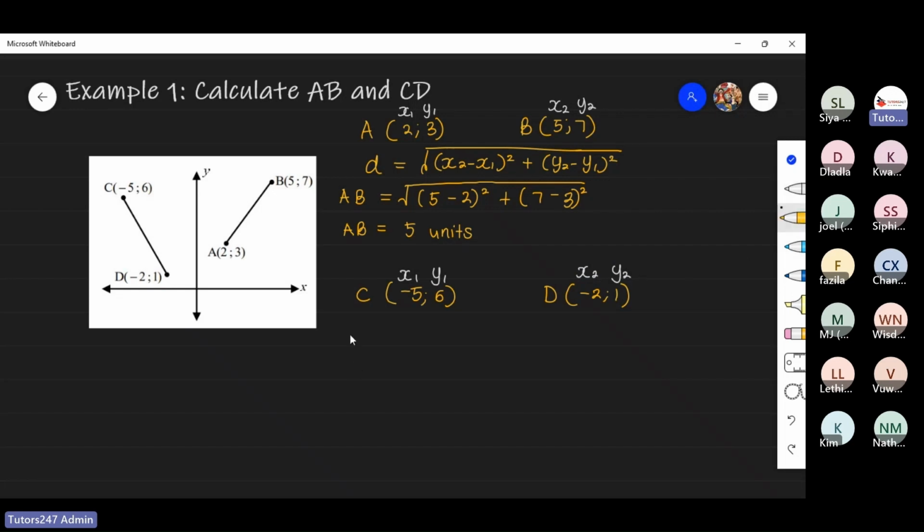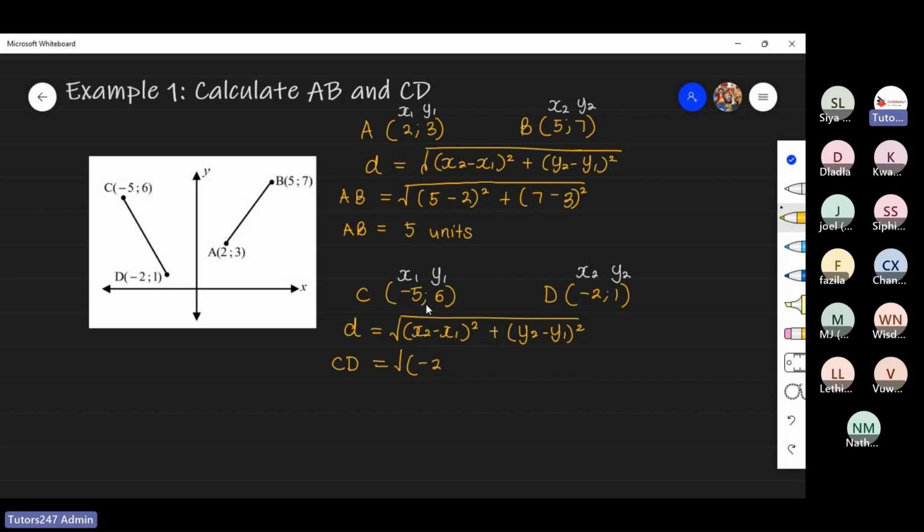Let's put in our distance formula. That is the square root of x2 minus x1 all squared plus y2 minus y1 all squared. From there, we can substitute D as CD, which is then equal to, so my x2 value, that is -2.